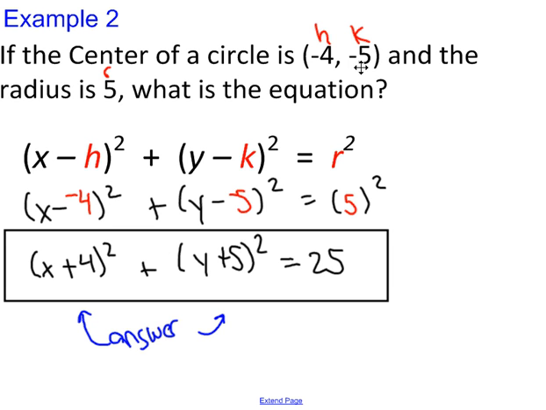So if h and k are negative, you're going to get x plus whatever the original h was here, and then you're going to get y plus whatever the original k was here. So the signs of h and k are changing when you put them into the formula. And the radius is being squared. That's important.